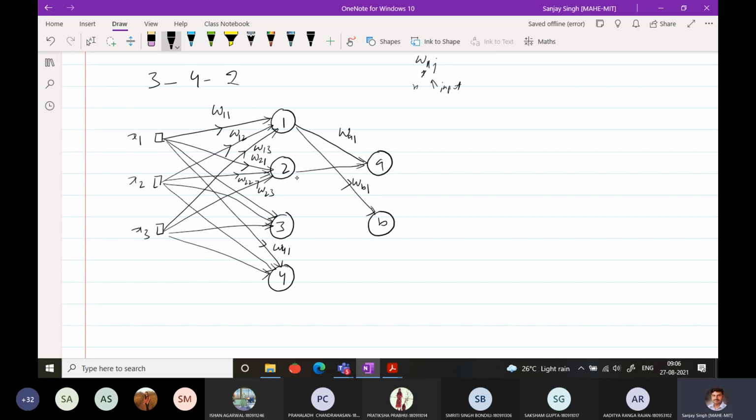Similarly, if I want to mark this, this will be WB4, and this will be WA4, likewise.